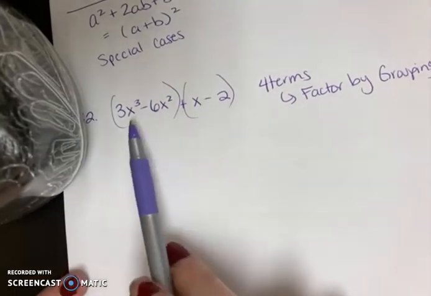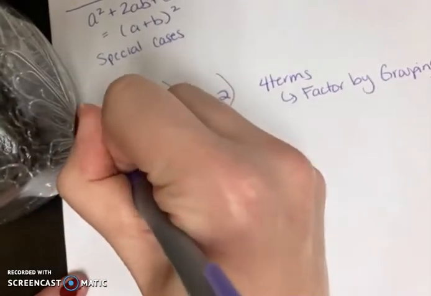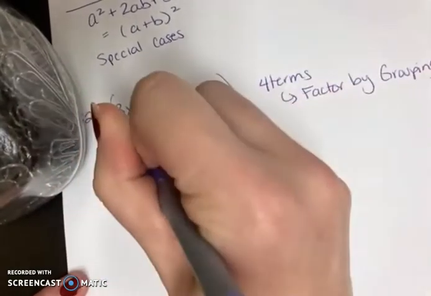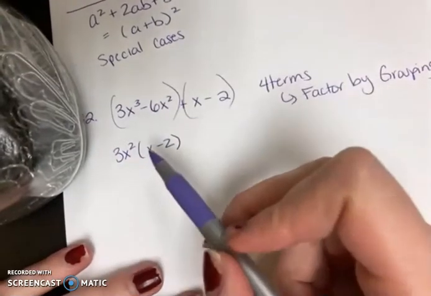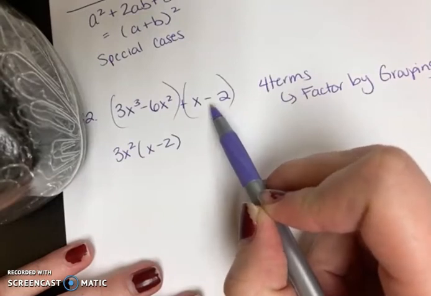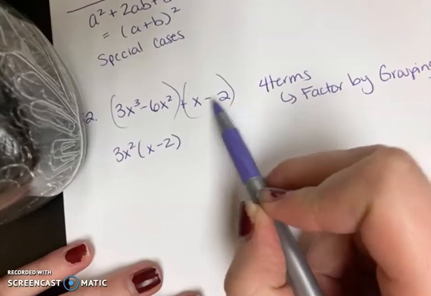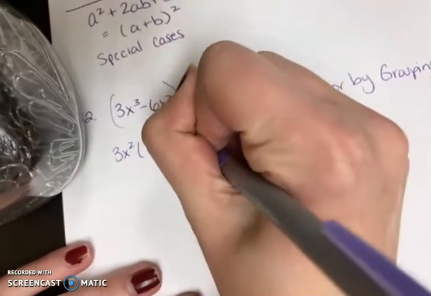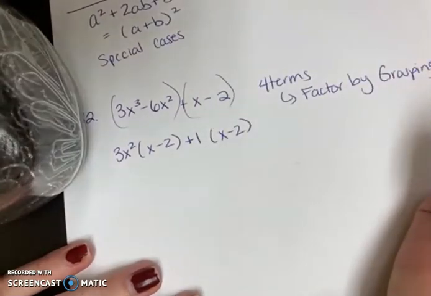So looking here, my GCF would be a 3x squared, which leaves me with x minus 2. This parenthesis looks just like this parenthesis, and there is no GCF other than 1 between these 2 terms, so I would just put plus 1 and then keep that x minus 2 the same.